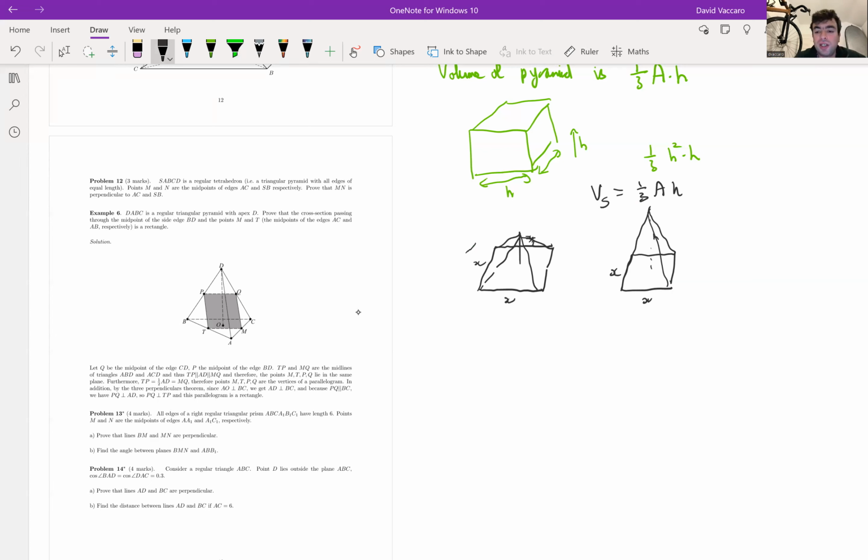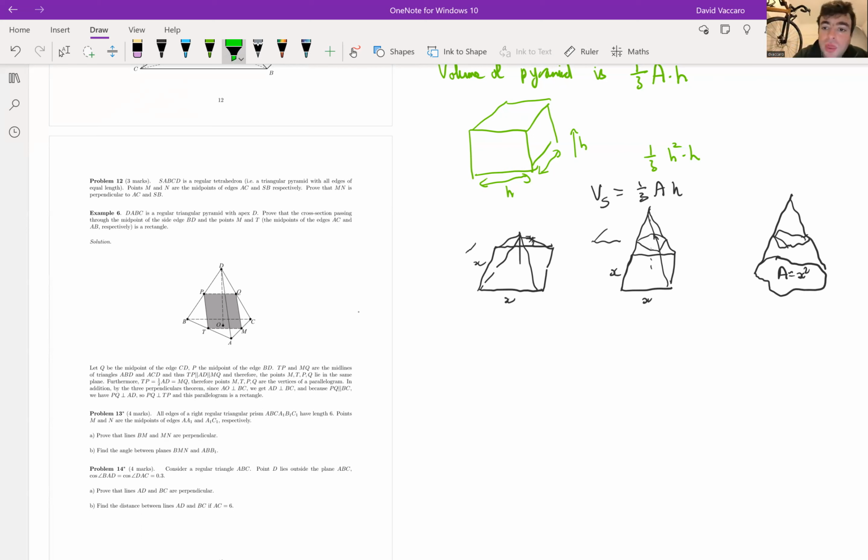But now what we can do is we can draw any pyramid where the base can just be any old splodge, but we're just going to make the base area equal to x squared. And then we can cut both of these pyramids vertically. And we can realize that in each one, we just get a slice that is similar to the base. But the ratio of the area of the slice to the area of the base is the same, because it is determined by how far down the pyramid we've cut.